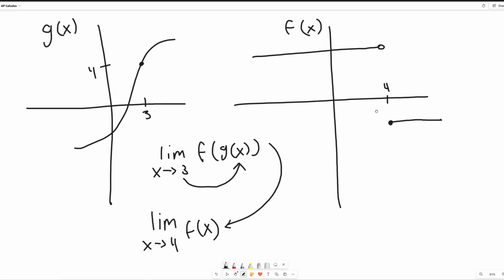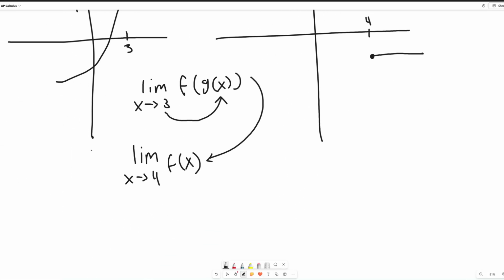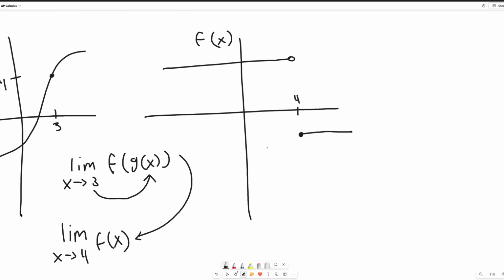Now, if we look at f of x, the limit as x approaches 4 of f of x is undefined. This function, from the left, you approach a value, let's just say 6, and then from the right, you approach -3.